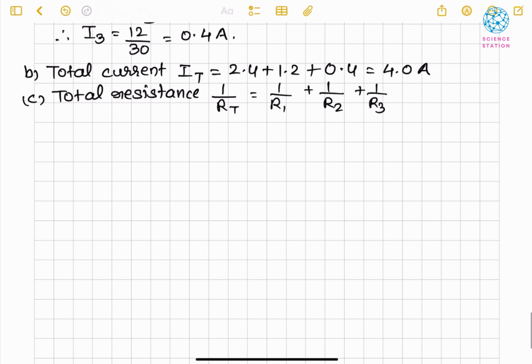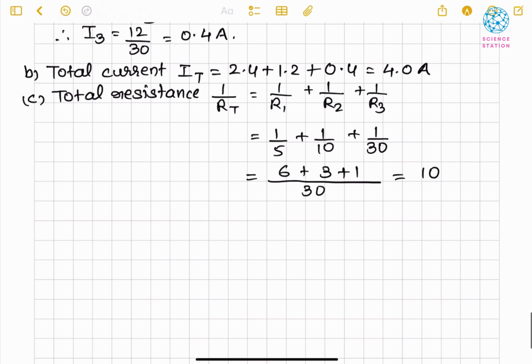So now putting the values in that, this will be 1 upon 5 plus 1 upon 10 plus 1 upon 30, doing LCM as 30. So 6 plus 3 plus 1, that is coming as 10 upon 30, which is equal to 1 by 3. So 1 upon RT came as 1 upon 3. So therefore RT equal to 3 ohms.